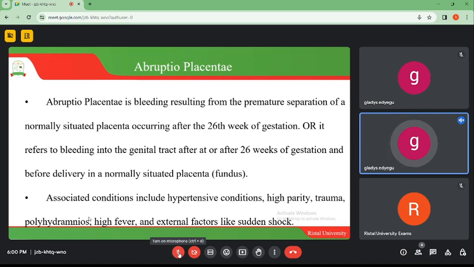So I want us also to look at abruptio placenta or abruptio placentae. Sometimes some people call it placenta abruptio. So what is it all about?